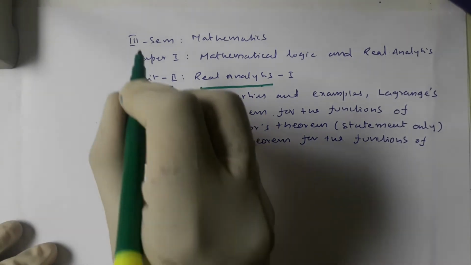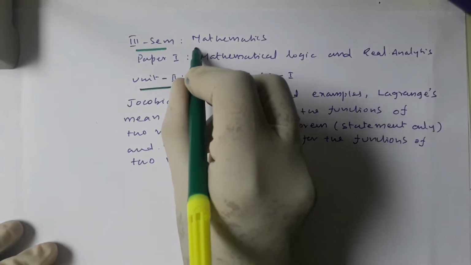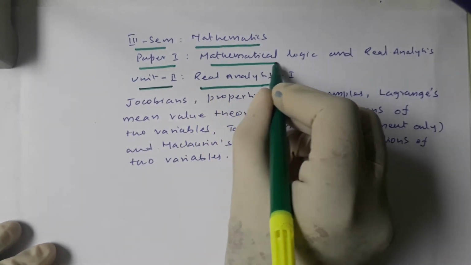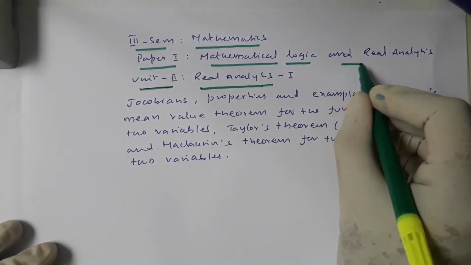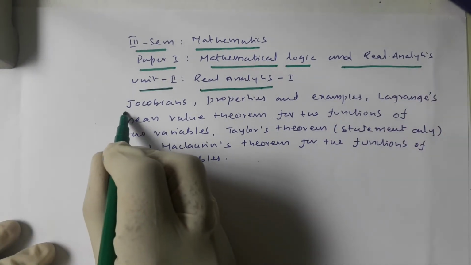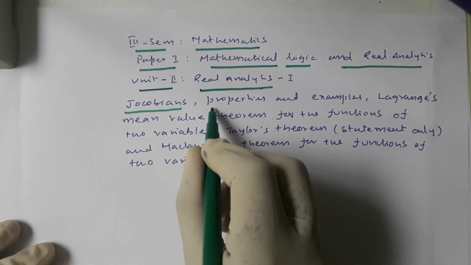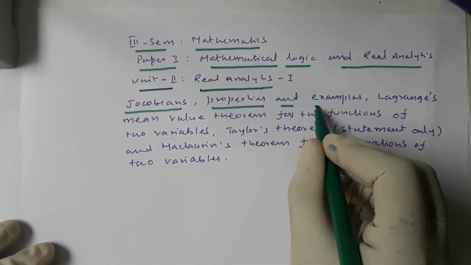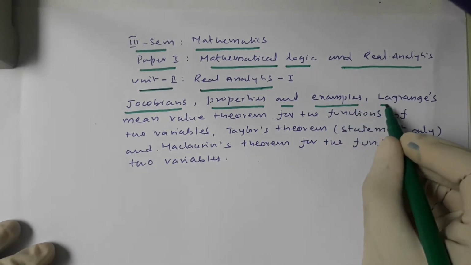As we are discussing third sem mathematics, paper 1, mathematical logic and real analysis, there the subtopics are Jacobians, properties and examples.